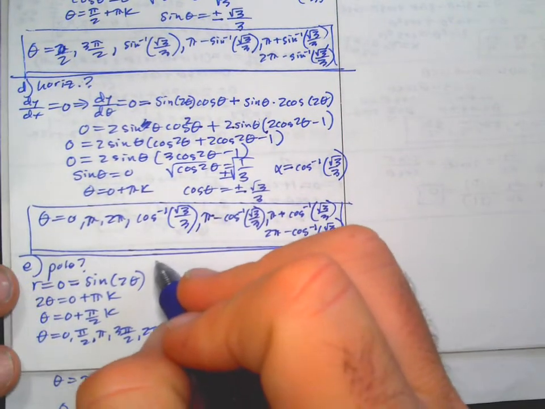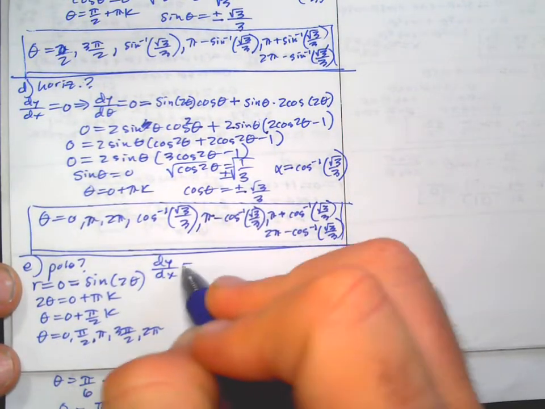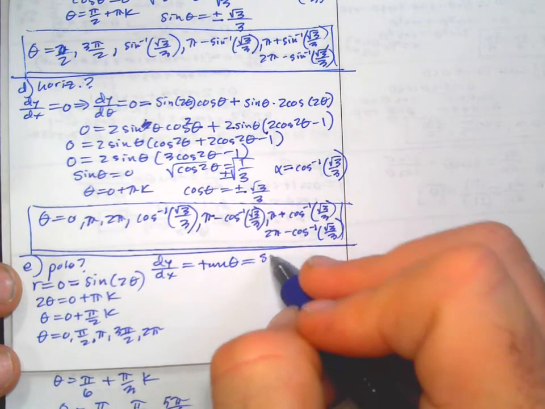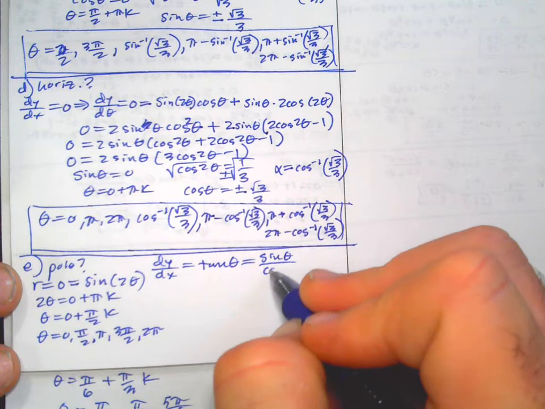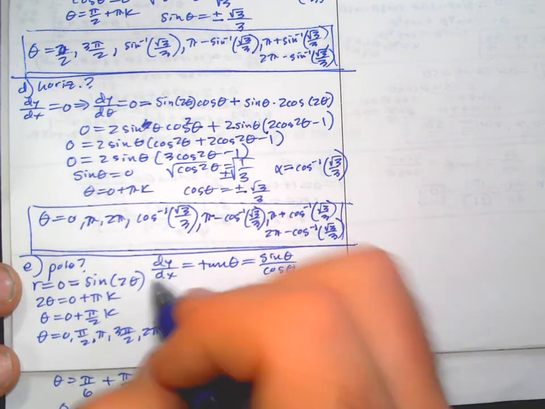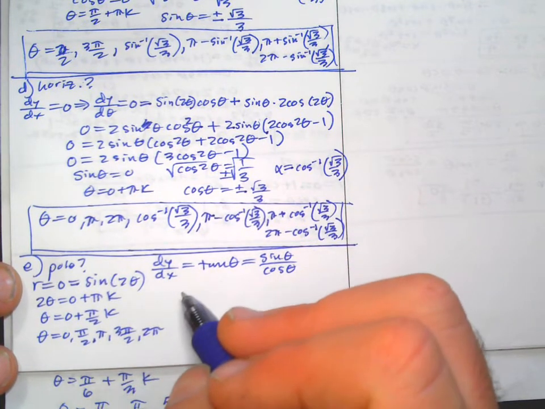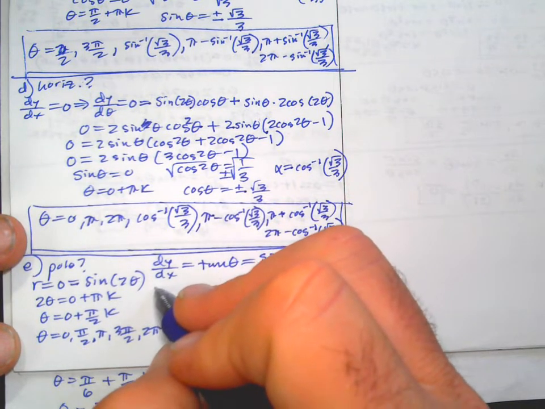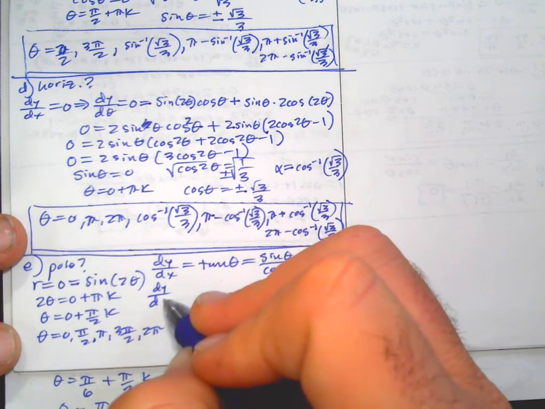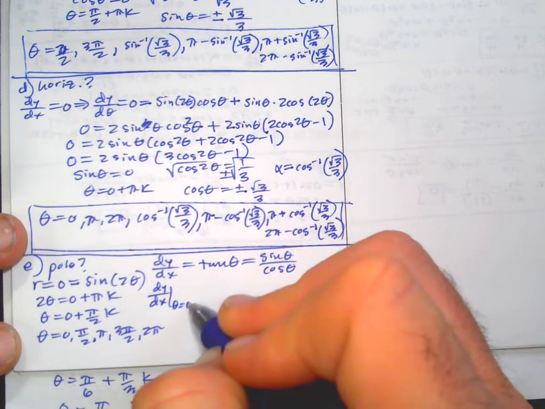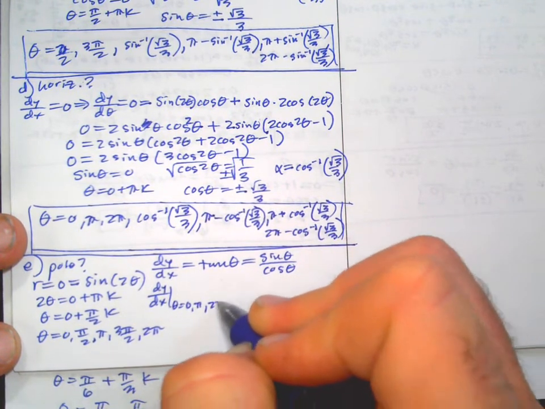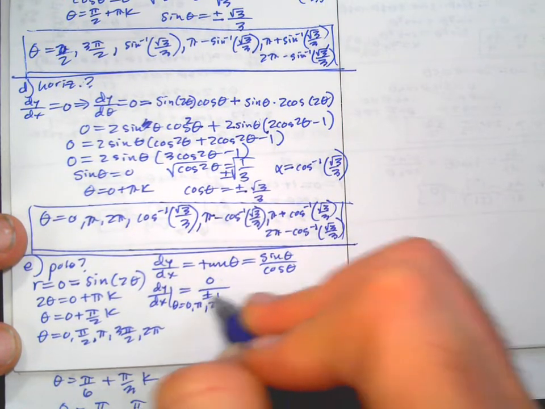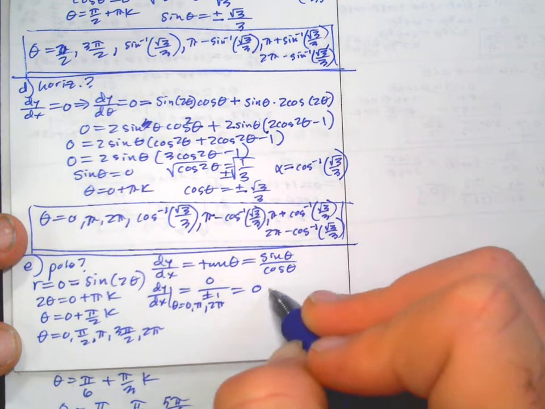So the shortcut is dy dx equals tangent theta at the pole, sine over cosine. We expect 2 of them to be vertical and 2 of them to be horizontal. When you plug in 0, pi, 2 pi, I think we get the same thing for each of those. It's going to be 0 over plus or minus 1, which is going to be 0 for those ones.